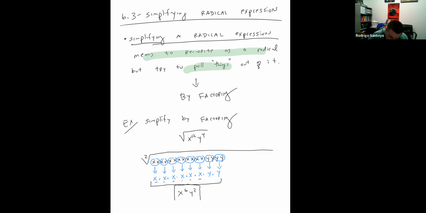That is my answer, which was the same answer that we got earlier with a different method. Any questions? A very nice example. Notice that everything in that radical was circled and nothing was left. This is why we're not left with the radical symbol anymore.